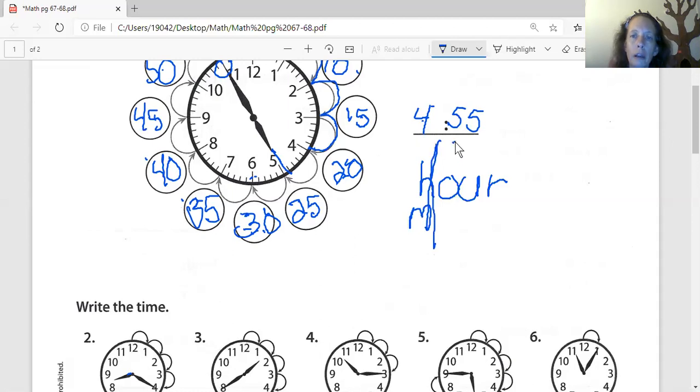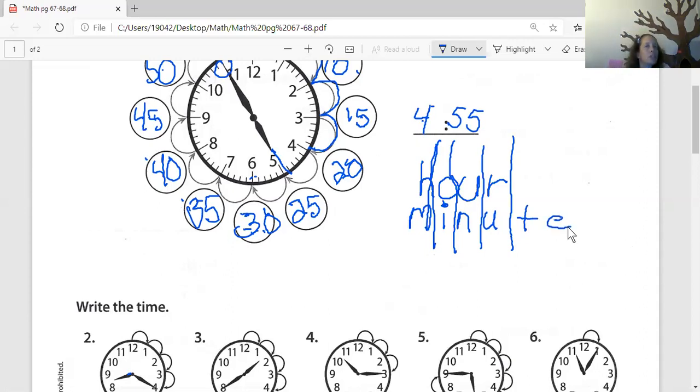Do a grid. And under the O, I want you to write the letter I. Under the U, write the letter N. U, T, E. And raise your hand when you have written those 2 words. Good.